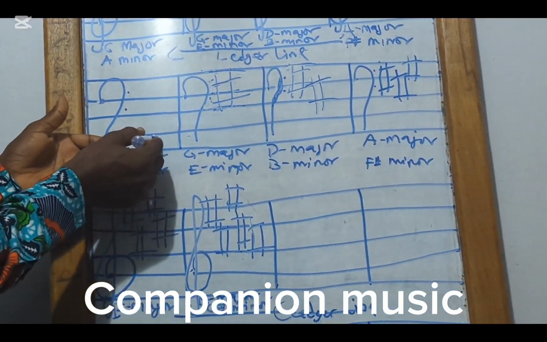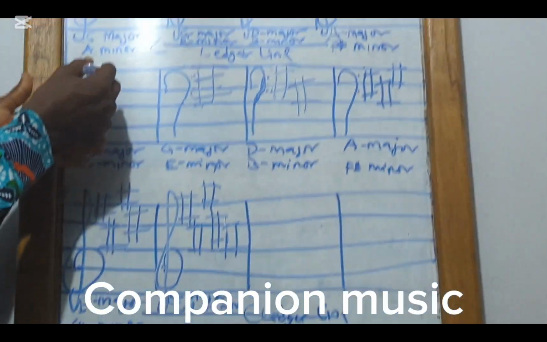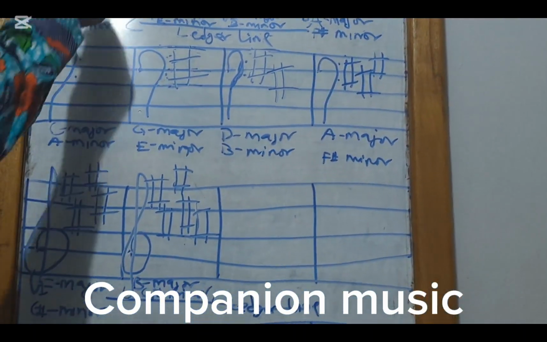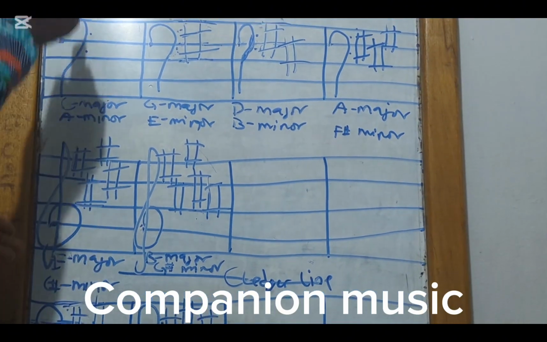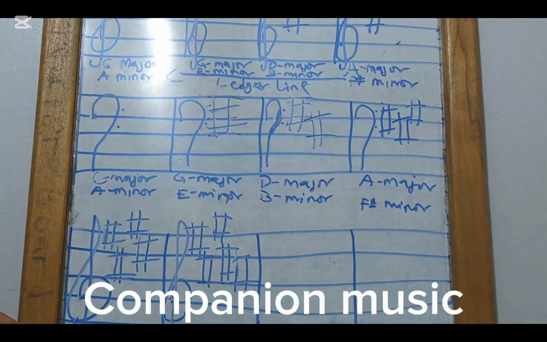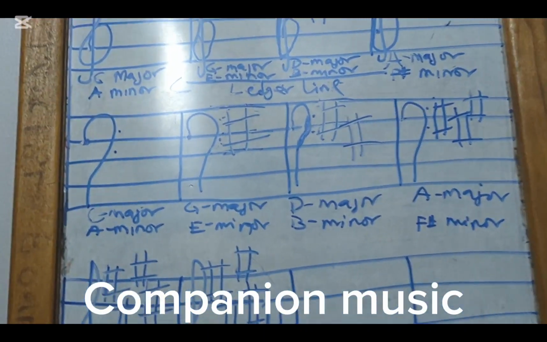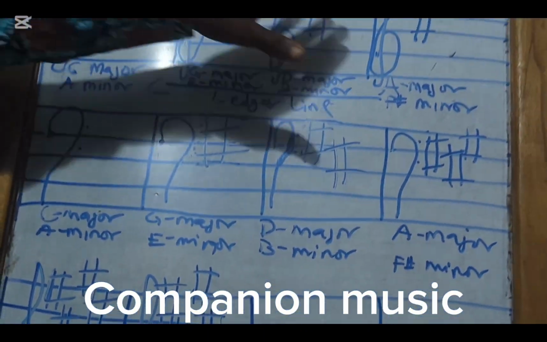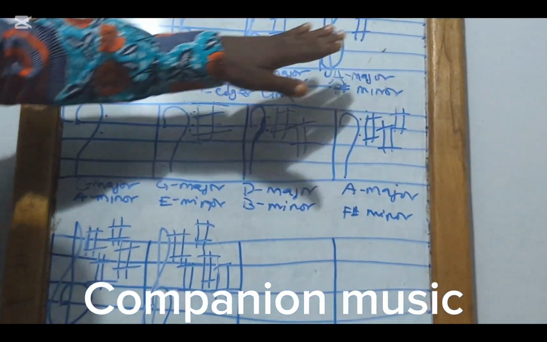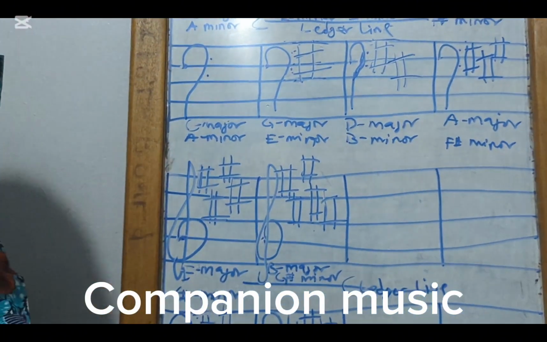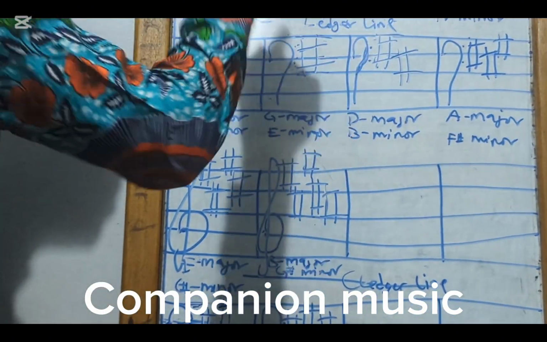On this bass staff, the first one has no key, which tells you that it is natural as well, which is C major. The same thing is applicable to the treble staff. What we have here on the treble staff is the same as on the bass staff. The difference is the placement of the key.